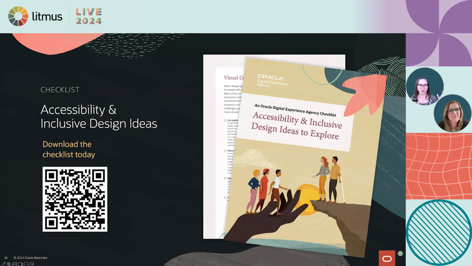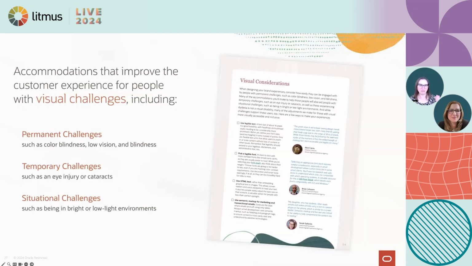We've got 12 pages chock full of accessibility design basics that your team can use to get a jump start on implementing accessibility into your campaigns, right? So real quick, I'm gonna hit some of the top points. We've broken them down by challenge to make it a little bit easier to digest and process and see what you need to do.